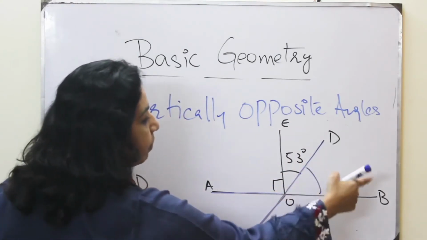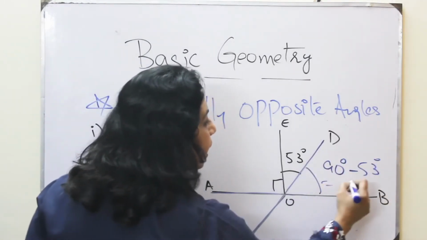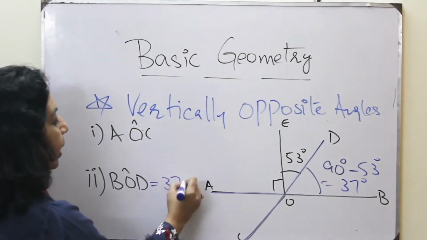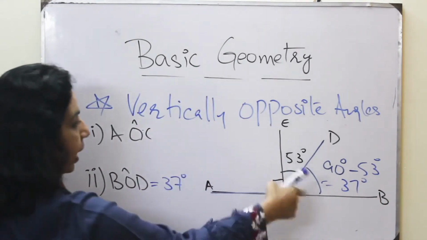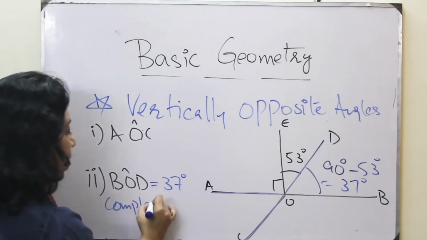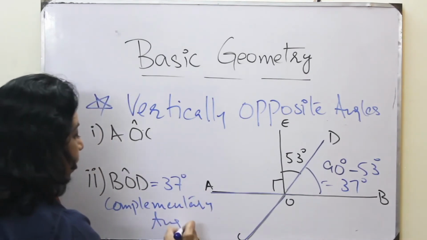If I take BOD equals 90 degree minus 53 degree, I shall have 37 degree. So if this BOD is 37 degree, I will say these are complementary angles, right? Complementary angles, their sum is equal to 90 degree.